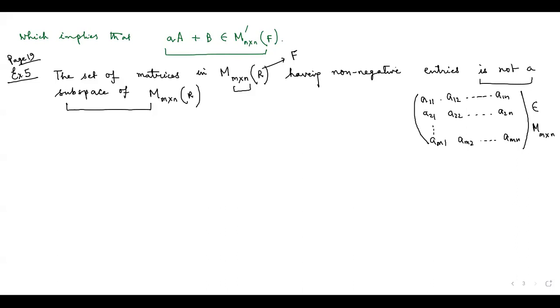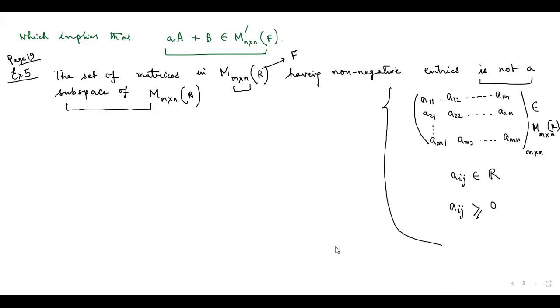This is a matrix belonging to M cross N R, because the order of the matrix is M by N, and all these Aij's are real numbers. If I consider now that all these Aij's are non-negative, then this particular matrix will satisfy the condition given in the problem.